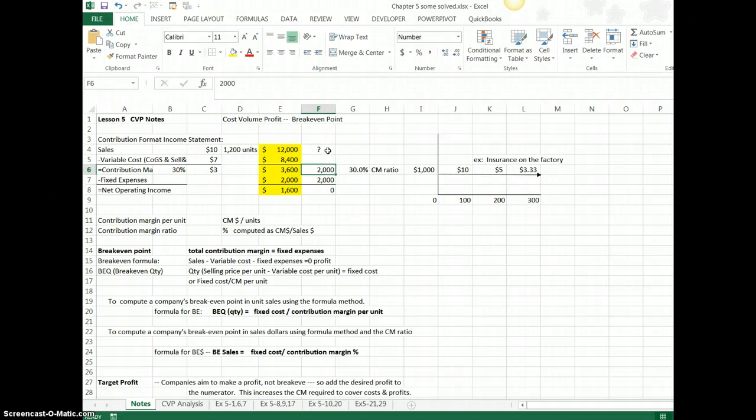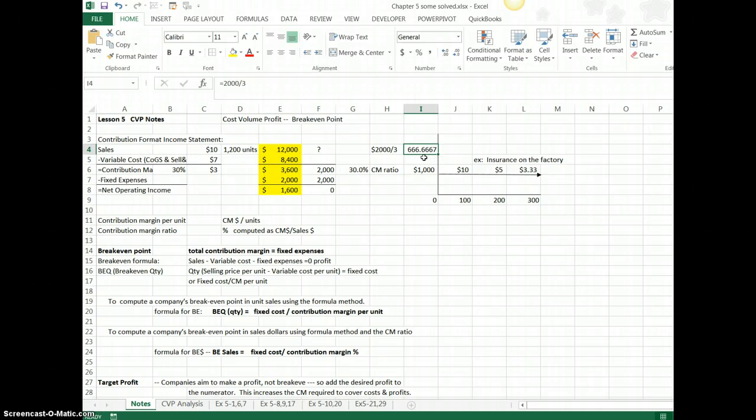How am I going to figure out what my sales are going to be? Well, we calculated we make $3 on every unit that we sell. So if I think about that, I'll take my $2,000 and I'm going to divide it by $3. When I divide that by $3, it tells me that I need to sell 666.67 units.